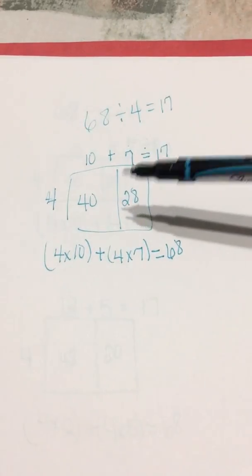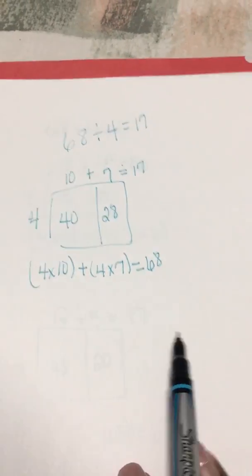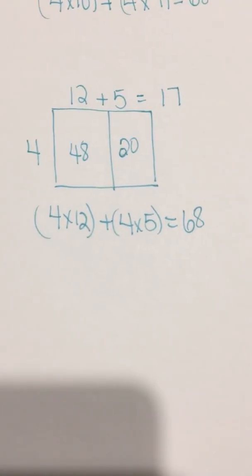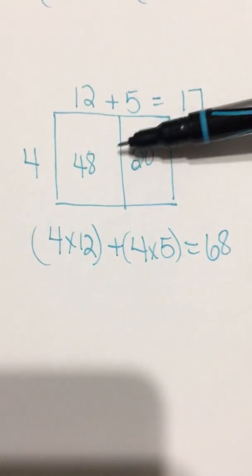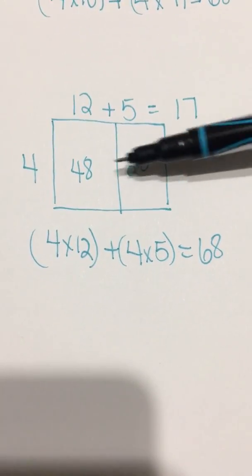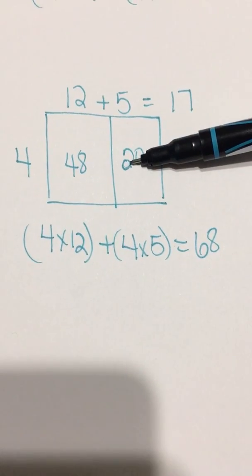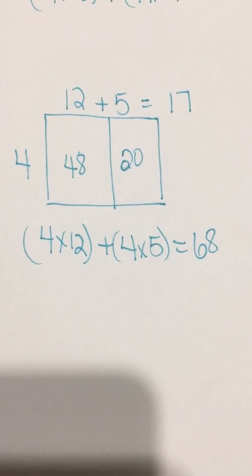Now, you can use a different number for this. And that's what I did on the second part. The second part I used 48 and 20. I know both of these numbers are multiples of 4, and when you add them together, they equal 68.